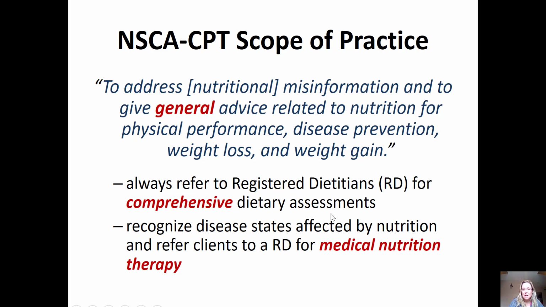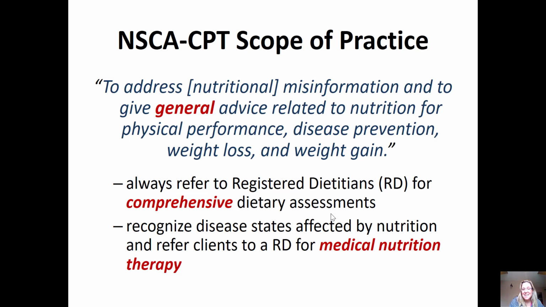A couple things I want to point out is our scope of practice. We are able to address misinformation and give general advice regarding physical performance, disease prevention, weight loss, and weight gain. But for comprehensive dietary assessments, it's always good to refer to a registered dietitian.